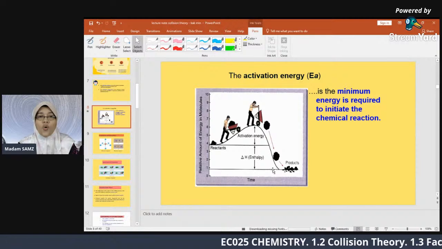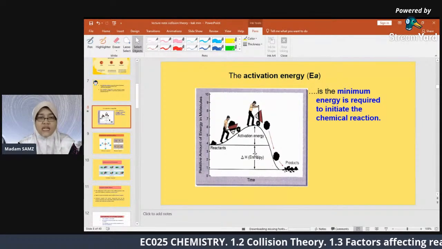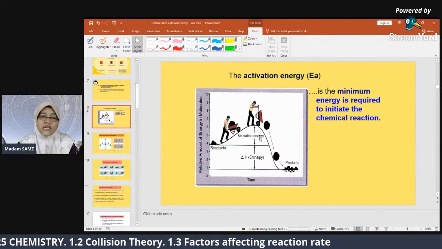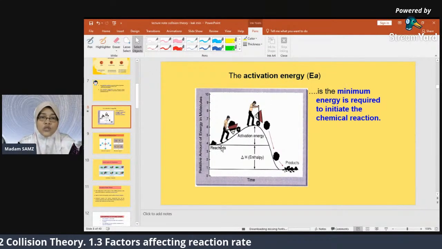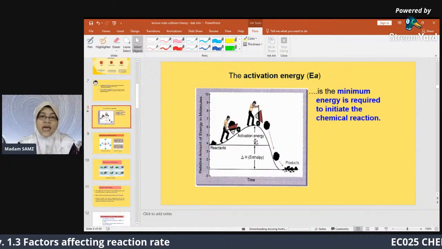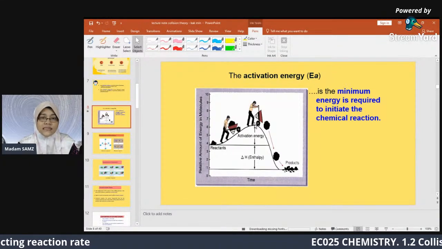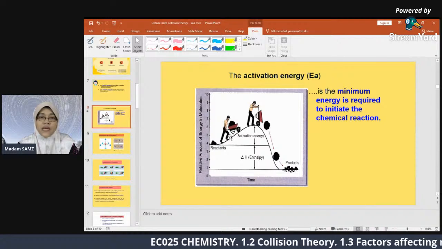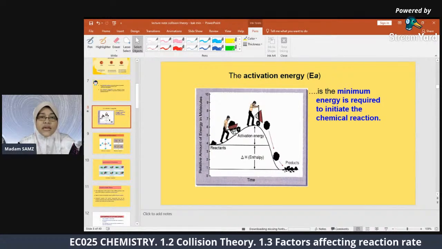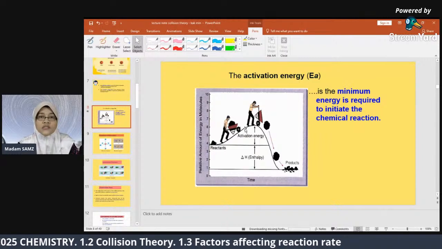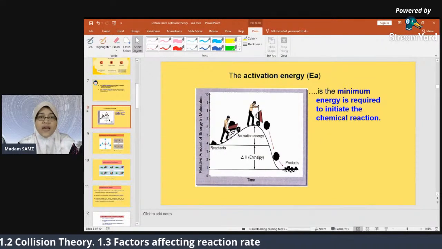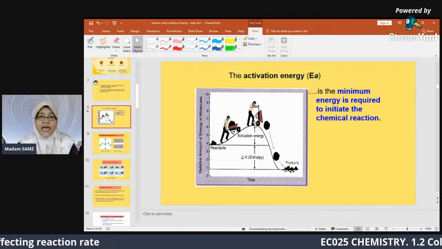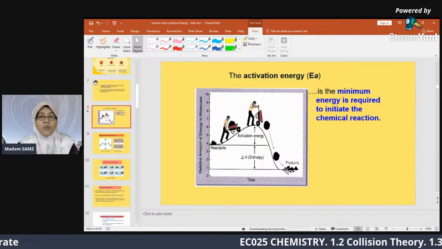So when we want to relate this to activation energy, what is activation energy? Activation energy is the energy between the reactants and the peak of the mountain. Here, you can see this man carrying a wheelbarrow full of sand. If this man has enough energy to climb up to the top of the mountain, the sand will be thrown down to form a product.